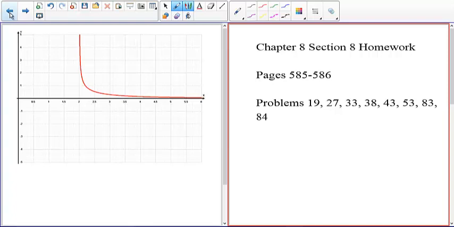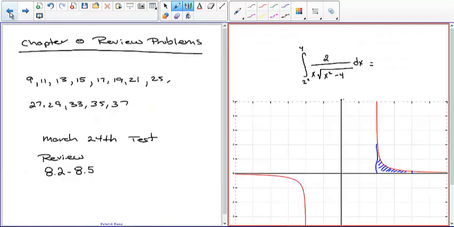Sometimes I don't include an improper integral because there's just not enough time to do that. So sometimes I include that on the next one. There's a lot of material to cover. Anyway, here are the review problems that I'm going to assign.